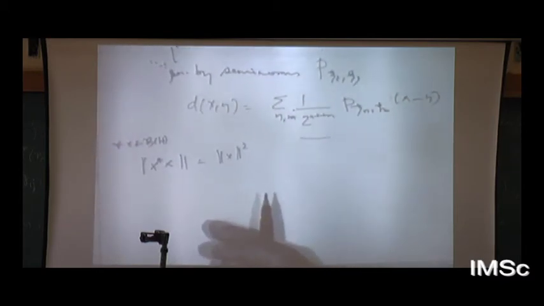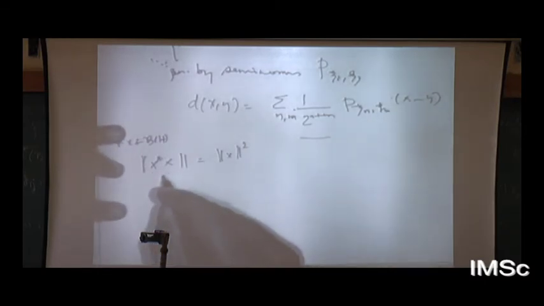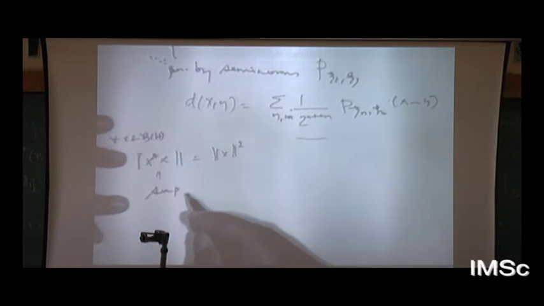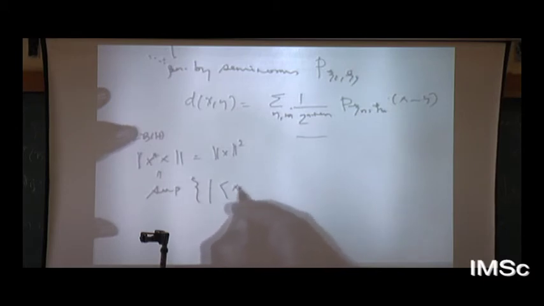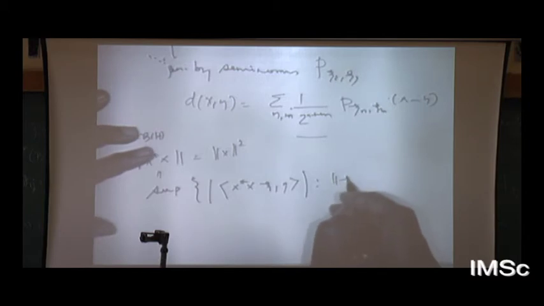You just have to take the sup over things given by such semi-norms, sup over norms of xi, eta less than or equal to 1.